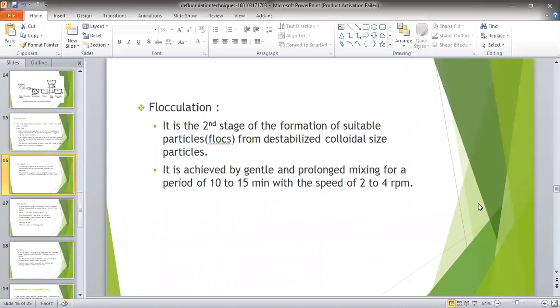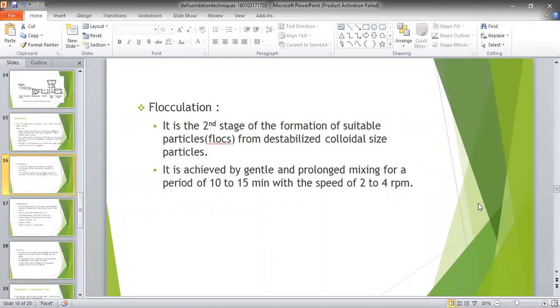Now the next stage is flocculation. First was the rapid mixing, next is flocculation. It is the second stage of the formation of suitable particles, flocs, from the destabilized colloidal size particles. In the rapid mixing, we have the formation of microflocs, okay, particles that were destabilized and that were colloidal size particles.